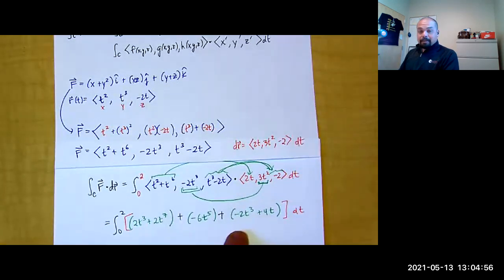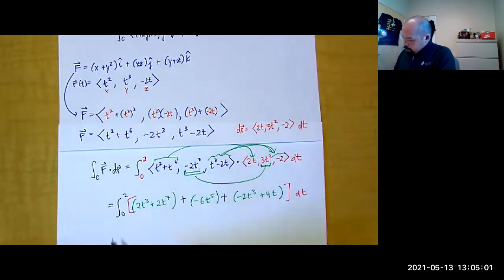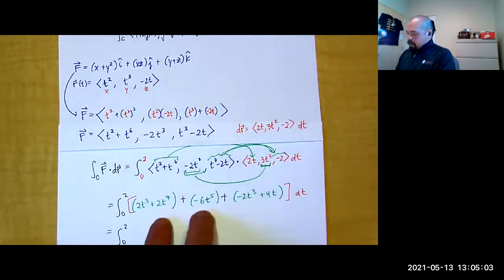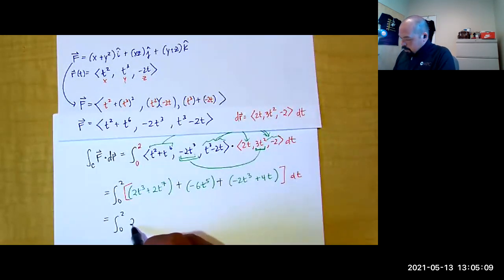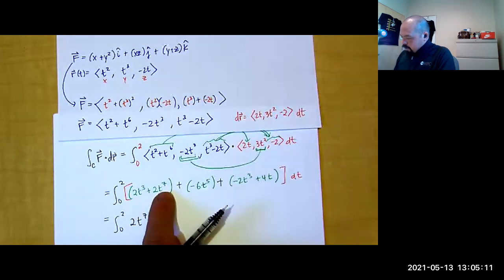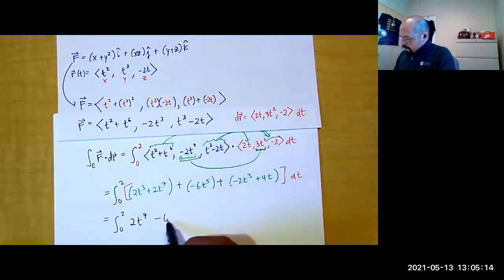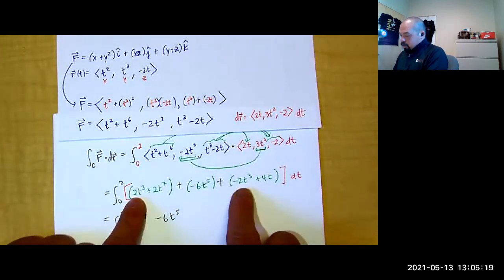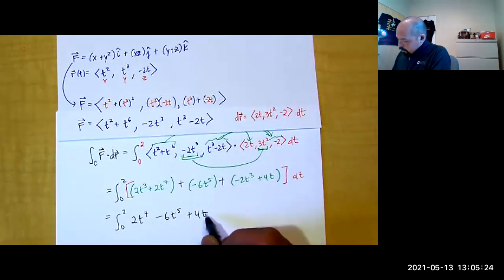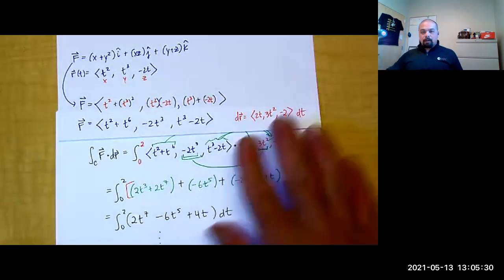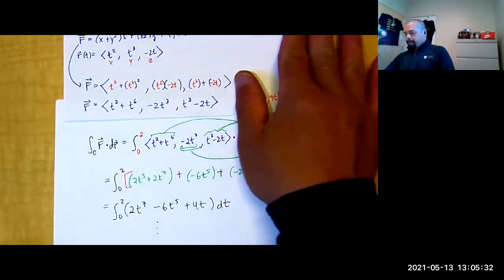So we're going to get a scalar, all one polynomial result here. As I combine like terms and rewrite it in descending order: 2t to the 7th minus 6t to the 5th, 2t cubed minus 2t cubed, those go away, plus 4t dt. And that one again, polynomial, power rule, away we go to evaluate.